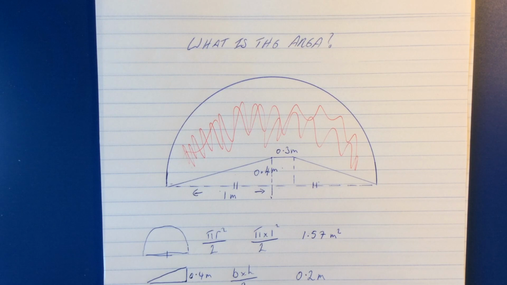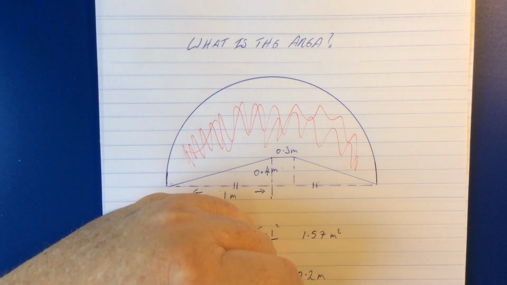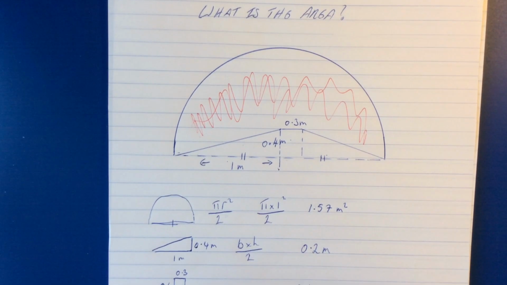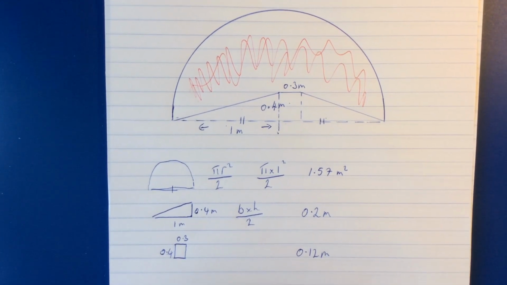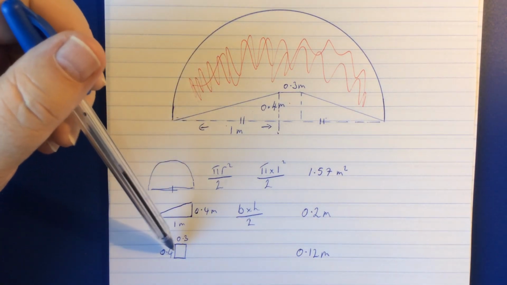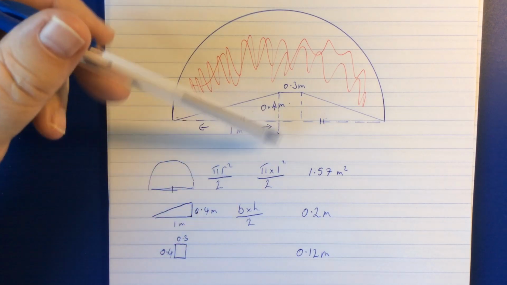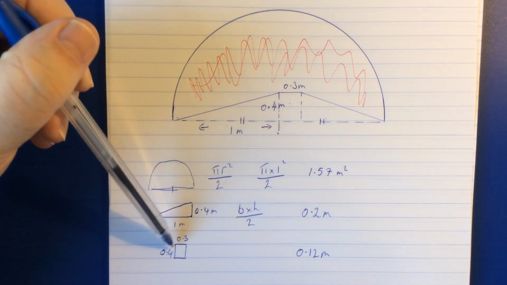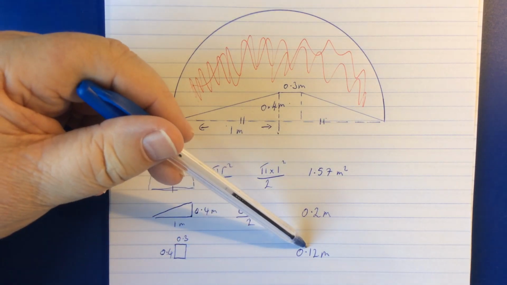It's 0.4 times 0.3, which gives us 0.12. Now let's get that into frame for you. Sorry, I didn't realize that I hadn't done that. So just to repeat, this is what you see here. The area of it is that times that, which equals that.